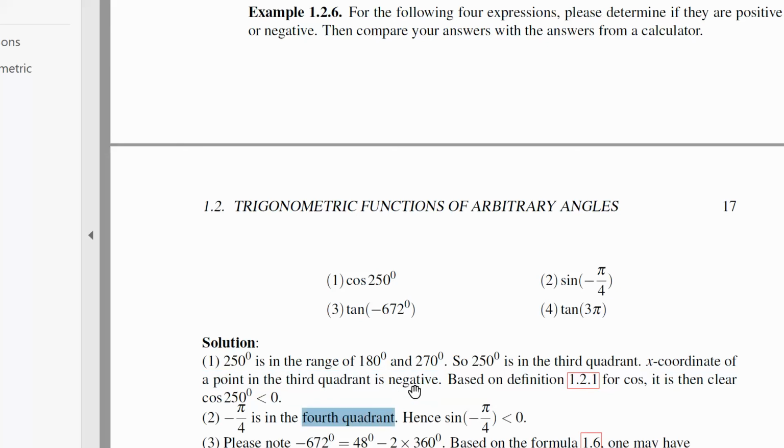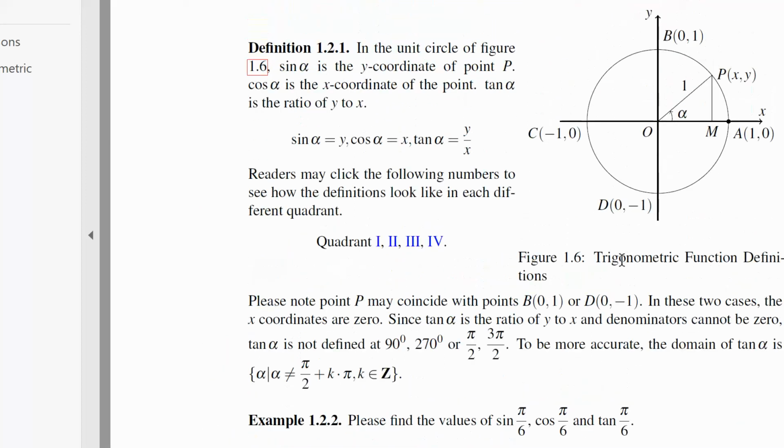If the terminal side of an angle is in the fourth quadrant, then the y-coordinate of this point P will be negative. Then sine negative 45 degrees, with this negative y, of course will be negative.